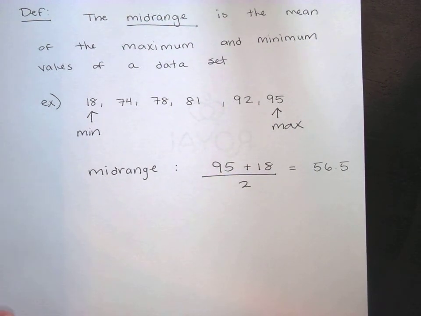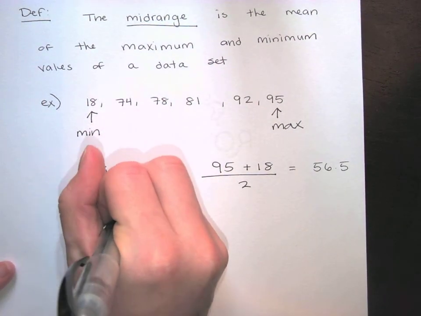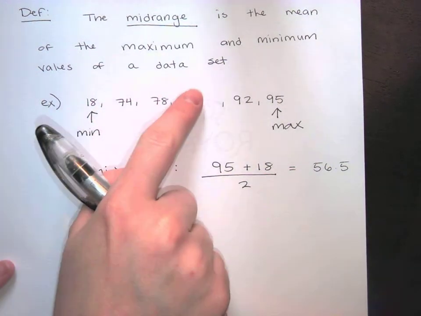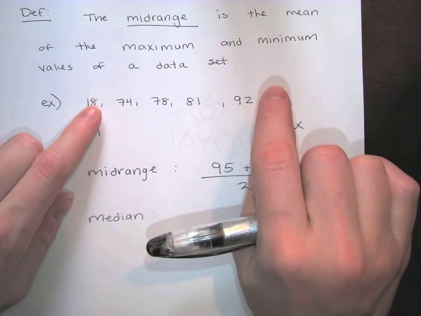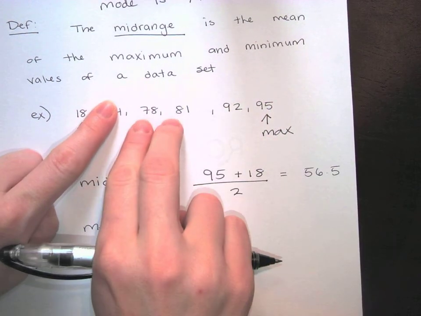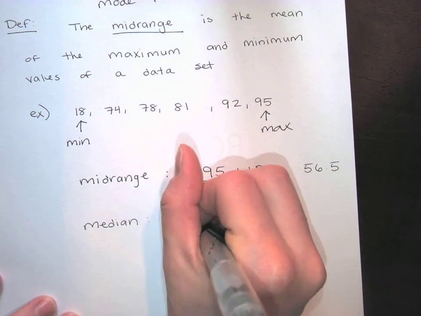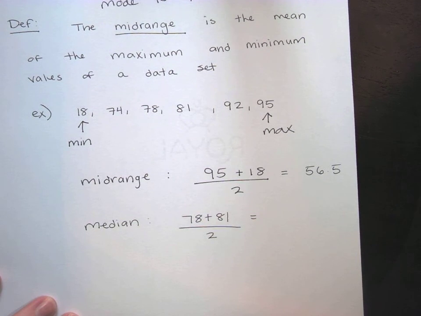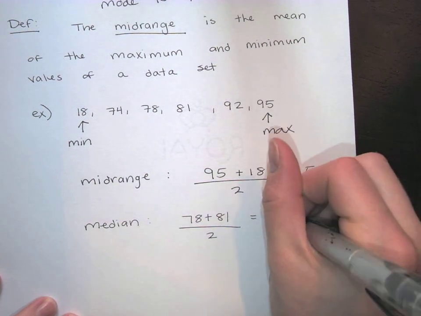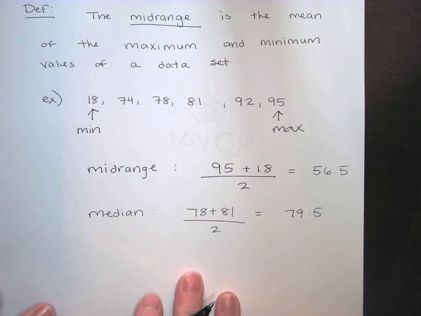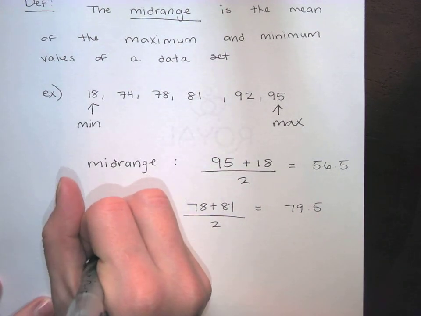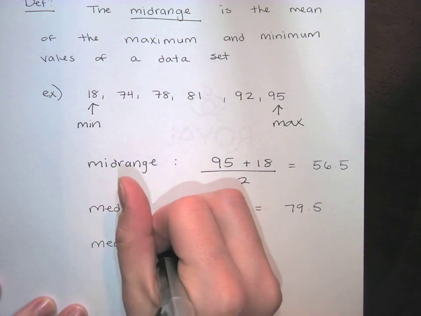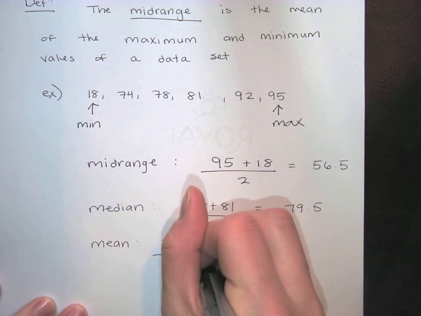Just for fun, what's the median in this same example? 1, 2, 3, 4, 5, 6. We have 6 items, so the median is the average of these two numbers in the middle. 78 plus 81 divided by 2 is 79.5. The mean is the average, so I'm going to sum up everything and divide by 6.